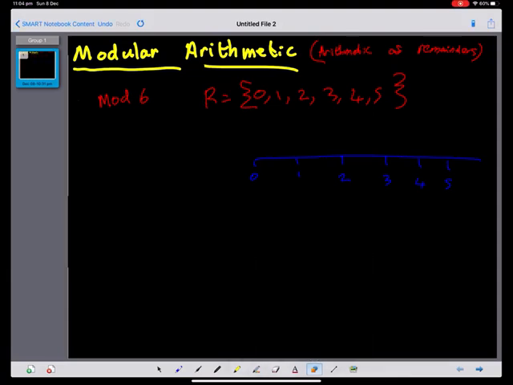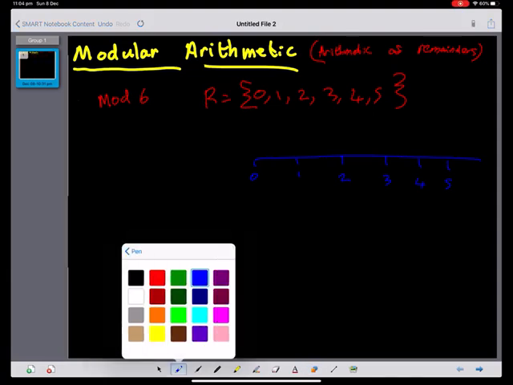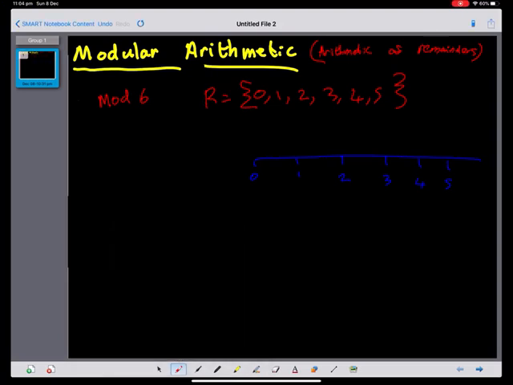Okay, now let's consider some more negative values. Let's have a look at what -3 is congruent to mod 6. Let's do two solutions to this. -3 is also congruent to another number.